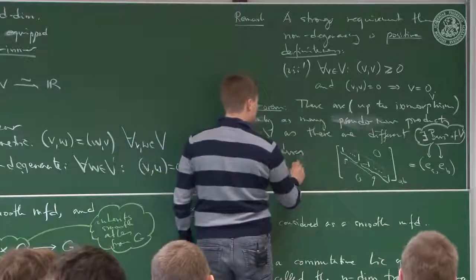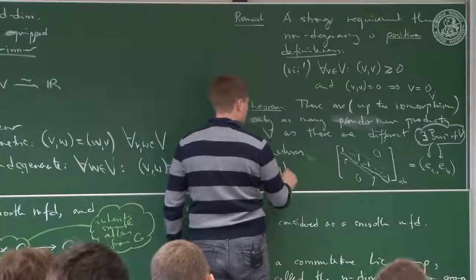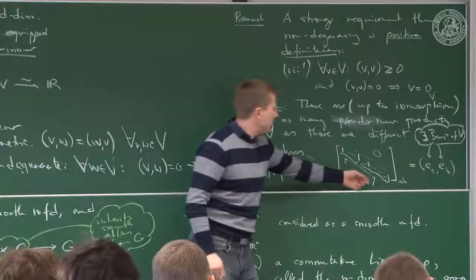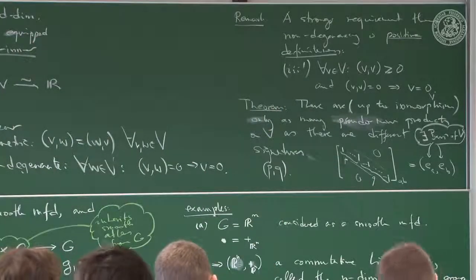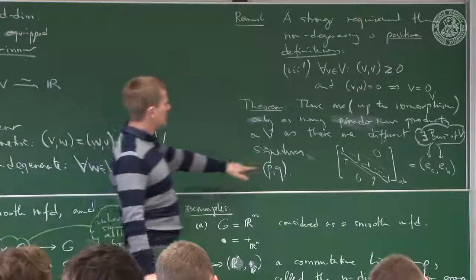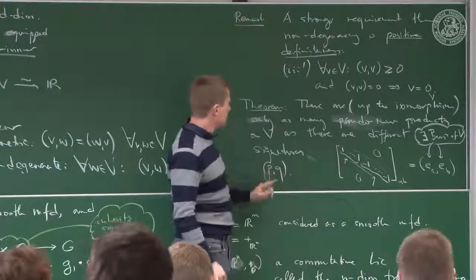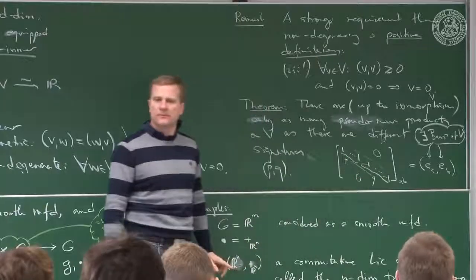That's the signature (P, Q). And of course, P plus Q must be the dimension d. Okay? And positive definiteness is the condition that the signature be (d, 0).